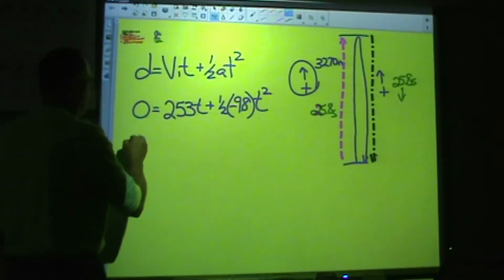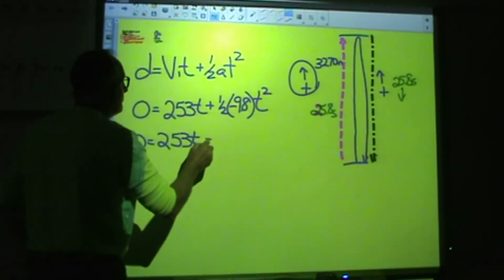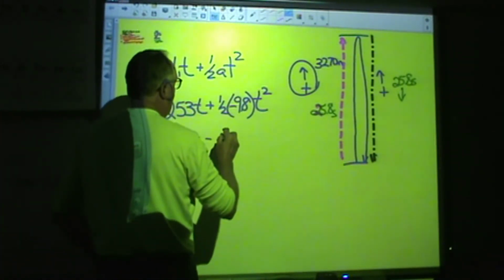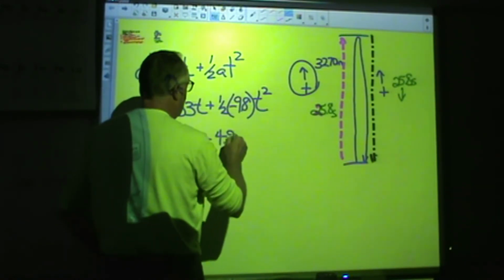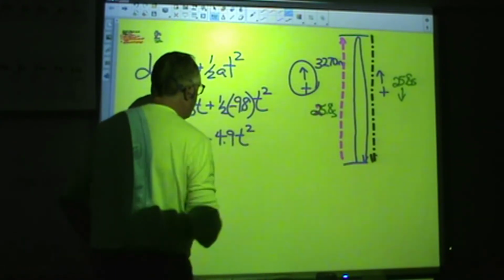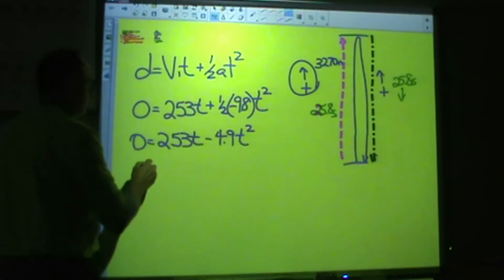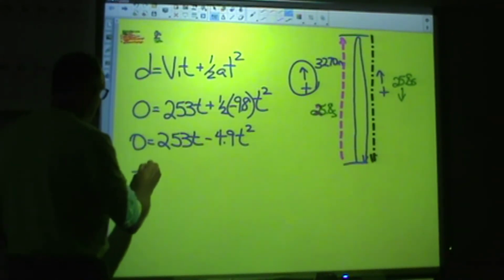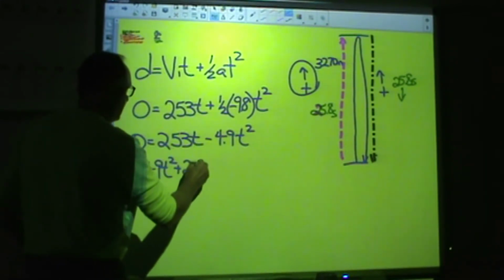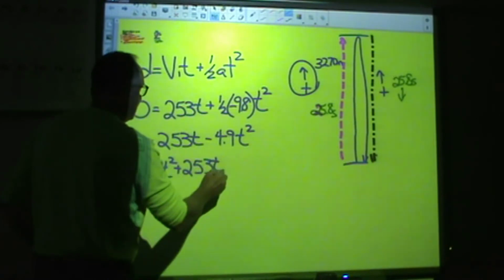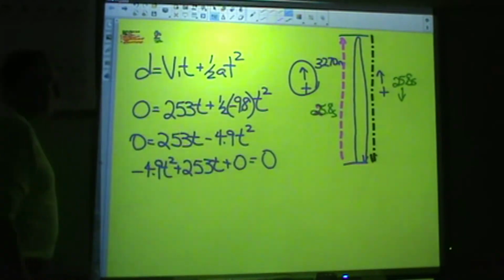So I get 0 equals 253t minus 4.9 t squared. So we rewrite this in quadratic form, it's going to be negative 4.9 t squared plus 253 t plus 0 equals 0.